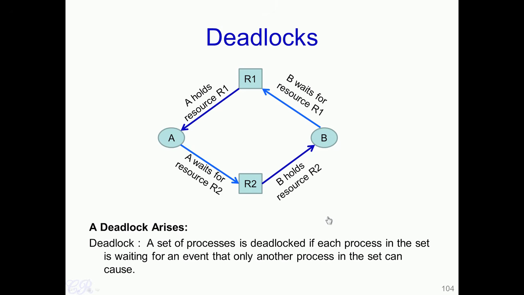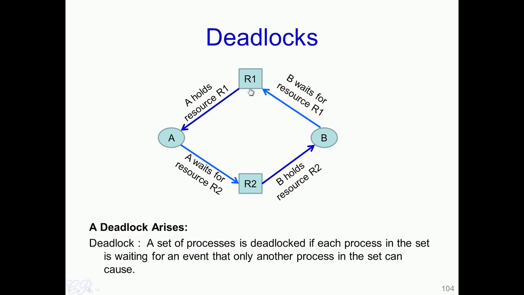Now, consider this particular scenario where process A holds the resource R1 and process B holds the resource R2, but at the same time process A is requesting to use R2. So, essentially process A is waiting to obtain R2, and process B is waiting to obtain R1.